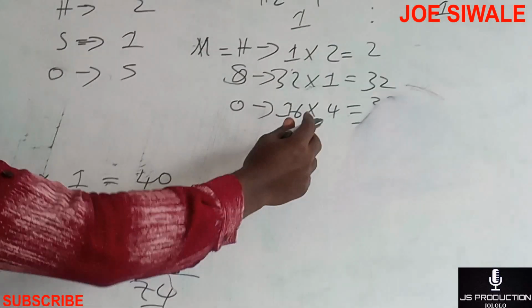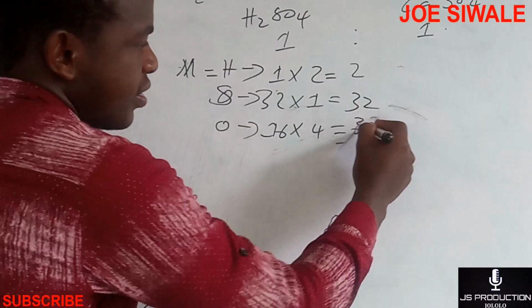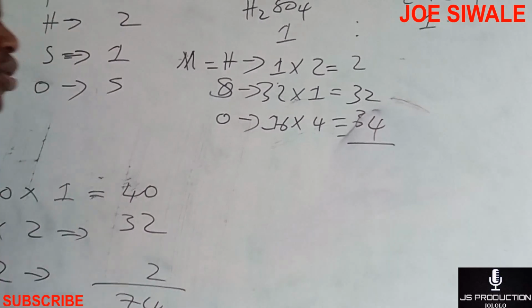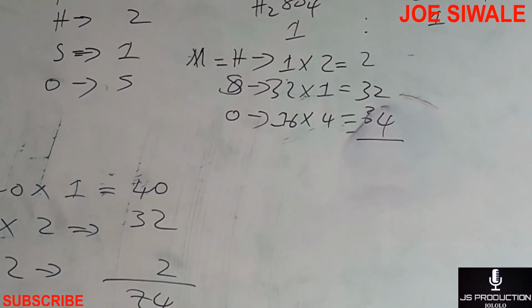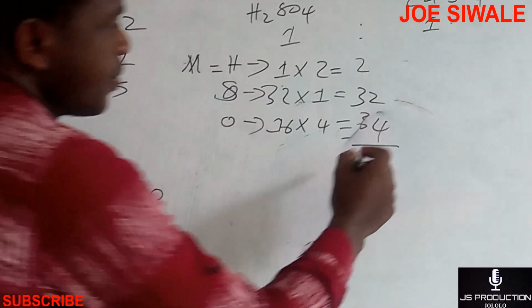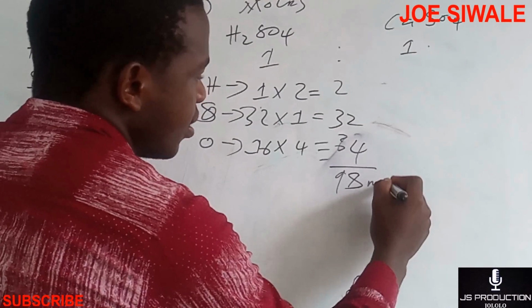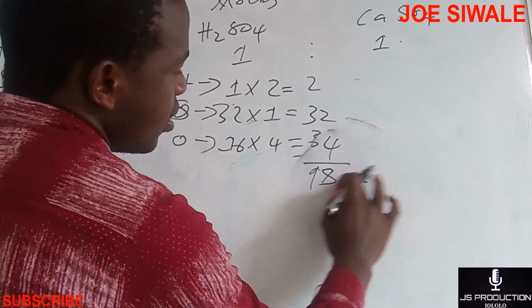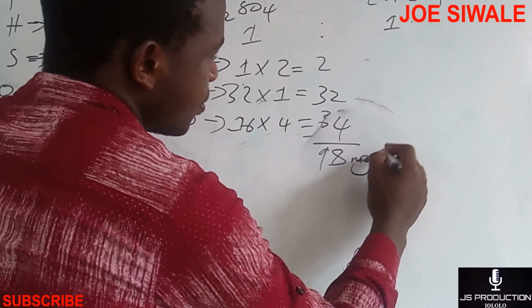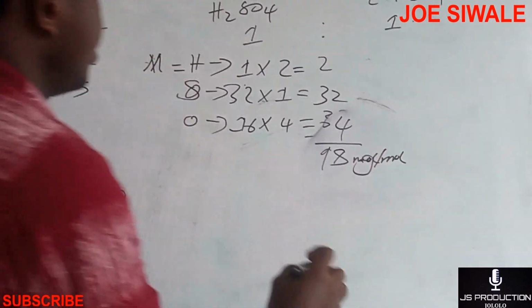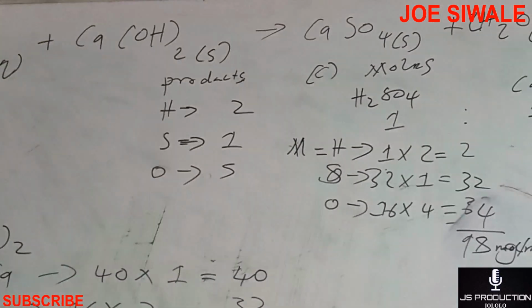So 16 multiplied by 4, 64. So 2 plus 32 plus 64, I'm having 98 gram per mole. And this is for sulfuric acid.